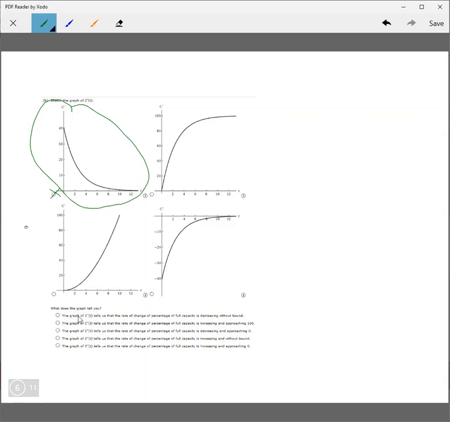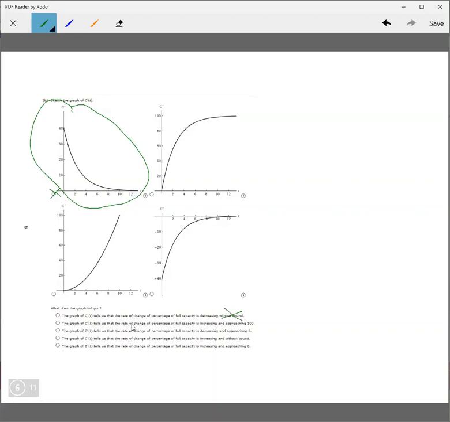Okay, so what does the graph tell you? The graph tells us that the rate of change of percentage is decreasing without bound. Without bound would mean that it just keeps decreasing and going into the negatives. But this is clearly bounded, so that without bound is wrong.